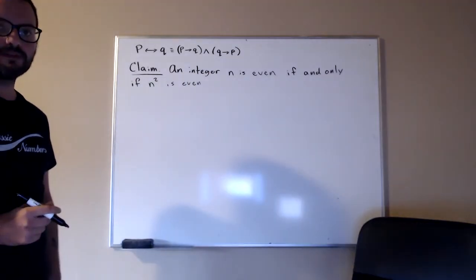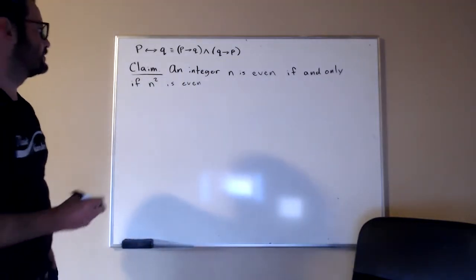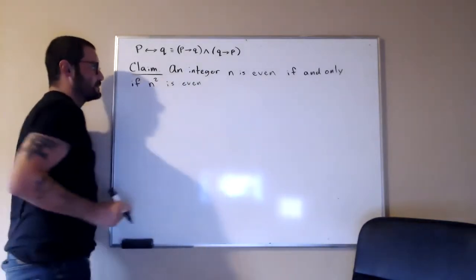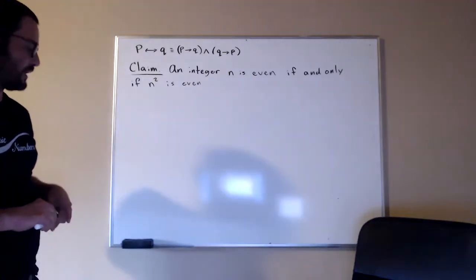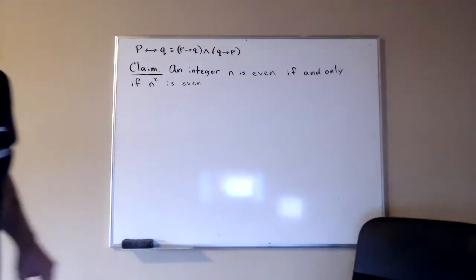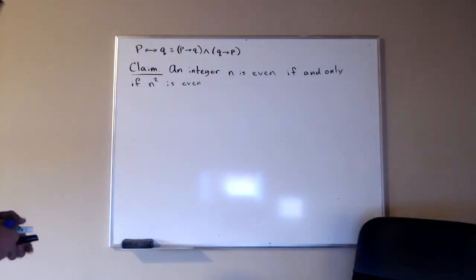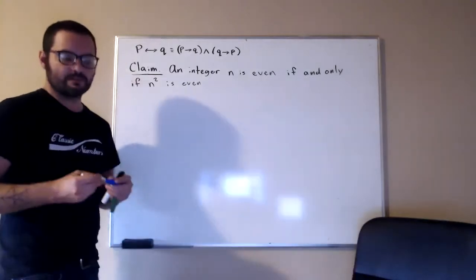Okay, so an integer n is even if and only if n squared is even. So this is a biconditional statement. We have two things to prove if we're going to prove this claim.